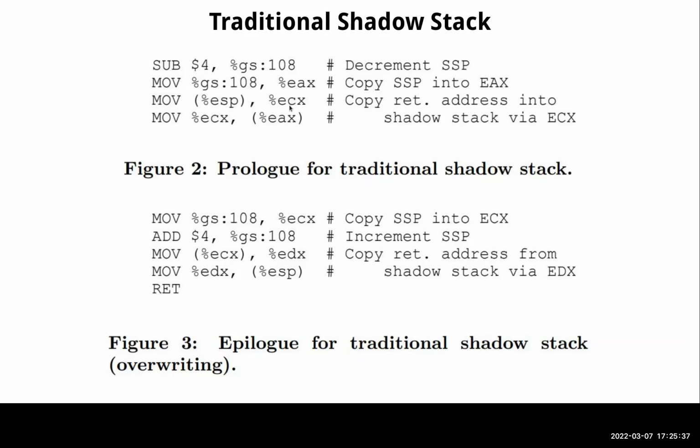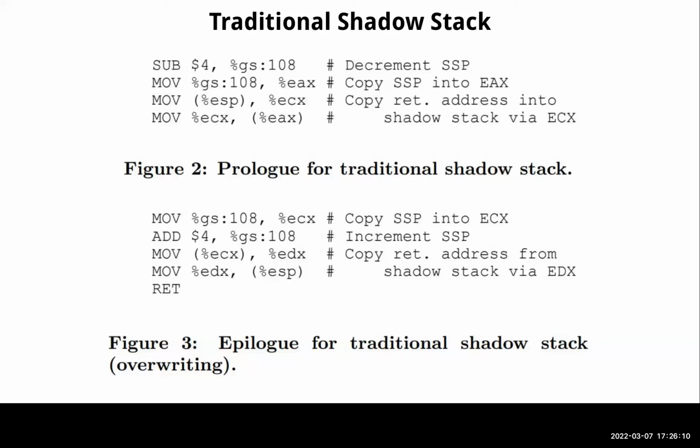So we're moving whatever is at the original stack's return address to ECX. Then we move ECX to where EAX points to. What is EAX? EAX is GS:108. So that is where our shadow stack is, right? So at the beginning of a function, we get the current return address from the original stack, and we make a copy of that to our shadow stack.